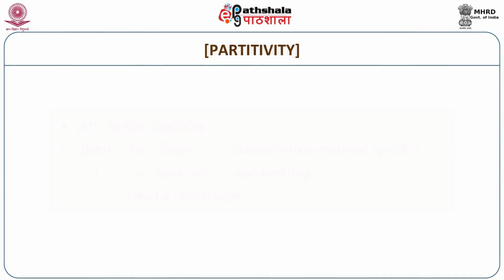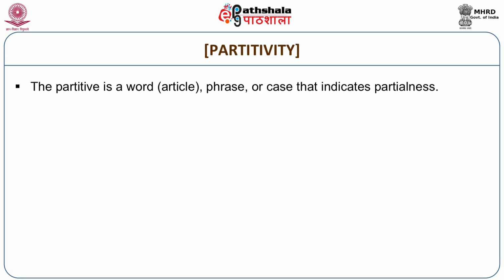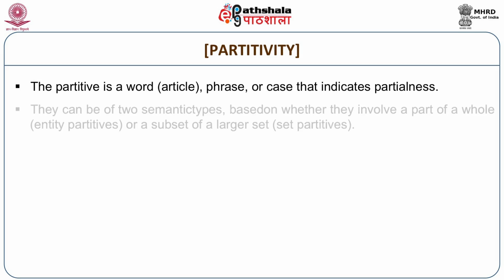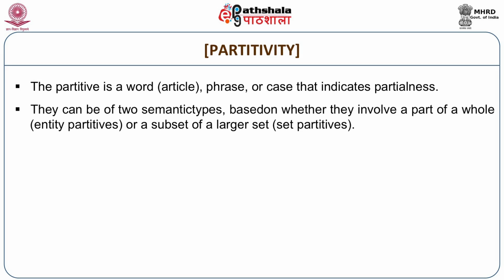A fourth kind of interpretation is the interpretation as the partitive. The partitive is a word, either an article or a phrase or a case, that indicates partialness. Partitives can be of two semantic types, based on whether they involve a part of a whole, which are called entity partitives, or a subset of a larger set, called set partitives.